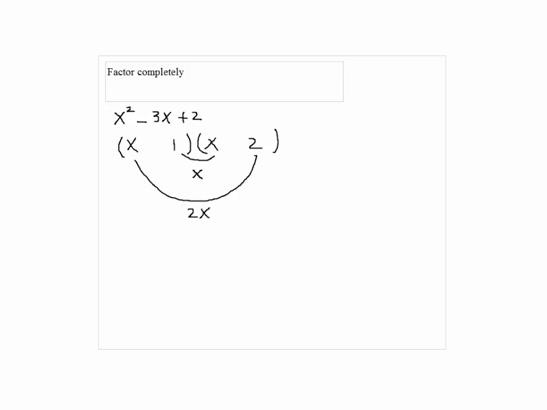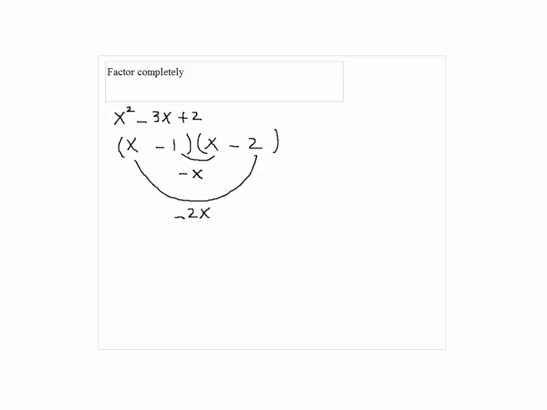Factor completely. You have x to the power of 2 minus 3x plus 2. We open two parentheses. X to the power of 2 gives you x and x.